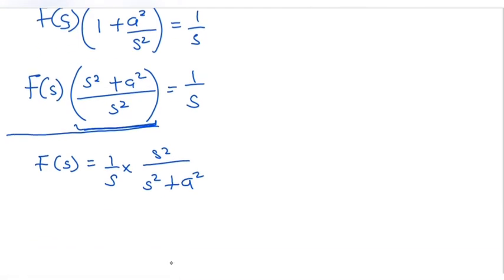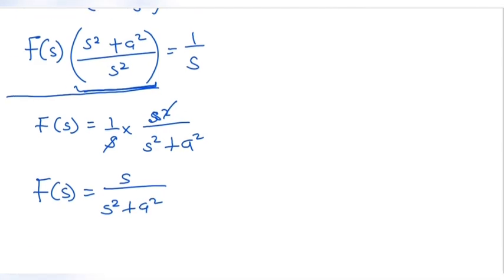And as you can see, this is x squared guys. x will cancel this and we are left with that our f of x is equal to x over x squared plus a squared. And what is f of x? That's the Laplace transform of cosine at, which is simply x over x squared plus a squared.